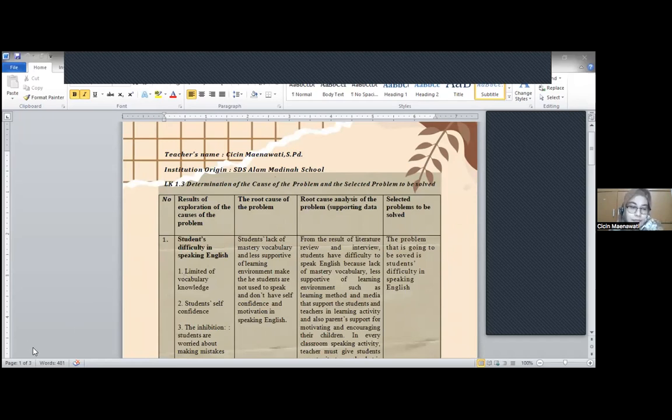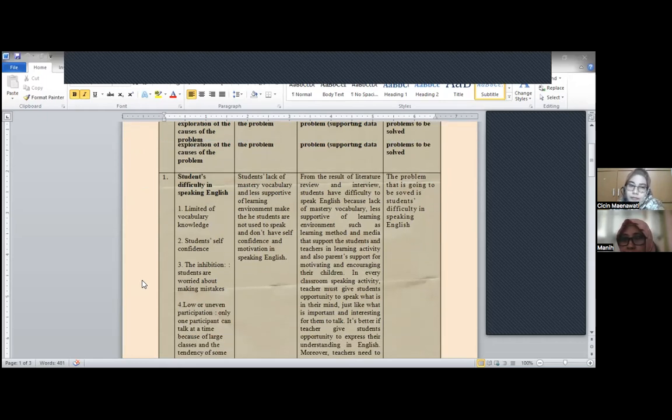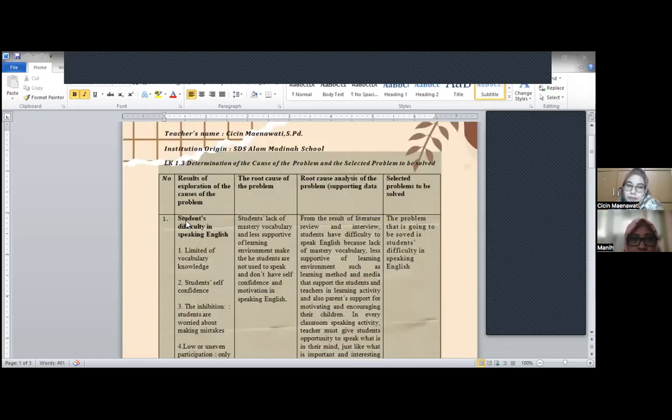You have the selected problem to be solved here, two. And the result of exploration, the cause of the problem, the last one is actually four. This is only two. The problem is students' difficulty in speaking English. This is the result.